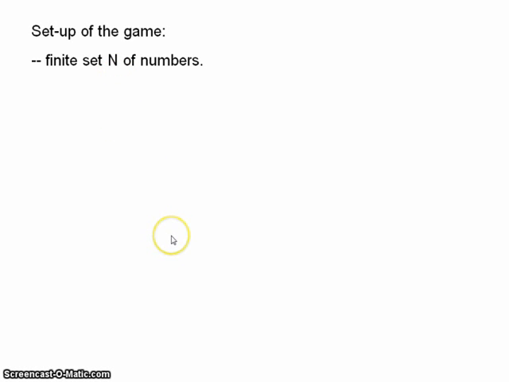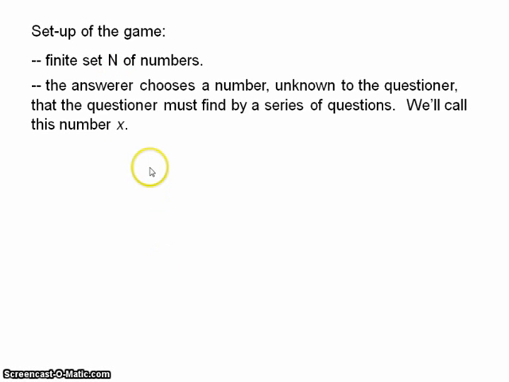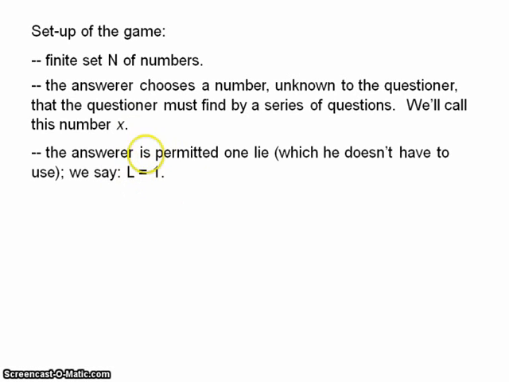The answerer chooses some number x that is unknown to the questioner, and the questioner must find x by a series of questions. The answerer is permitted to lie exactly once, so we'll say L equals 1, the number of lies equals 1, although he doesn't have to lie, but he can if he wants. And that's the basic setup here.